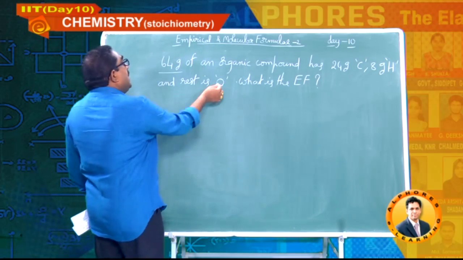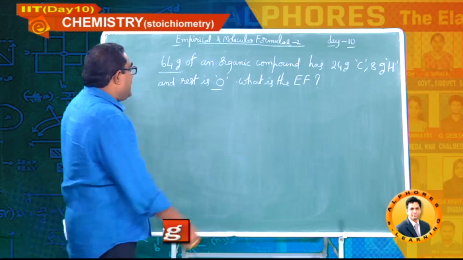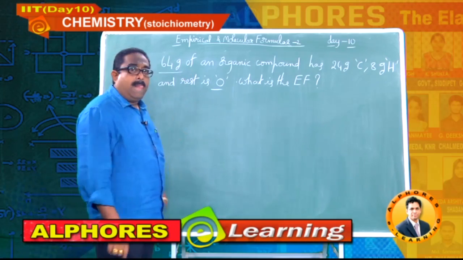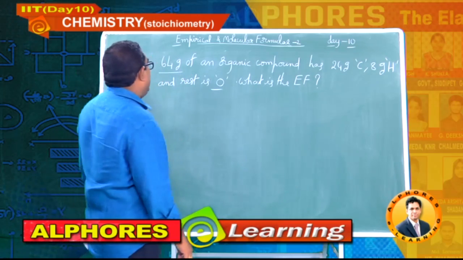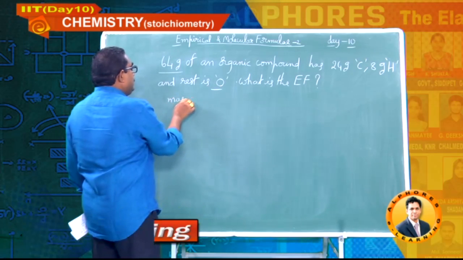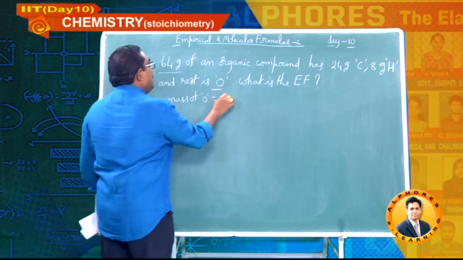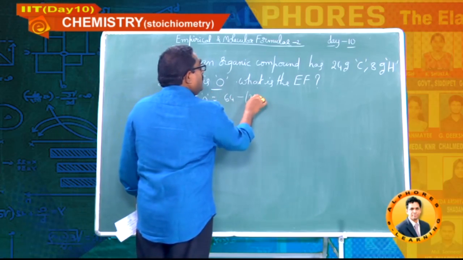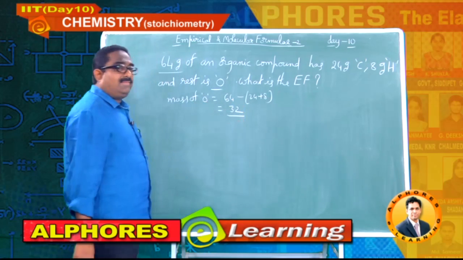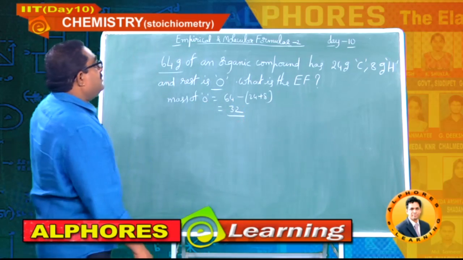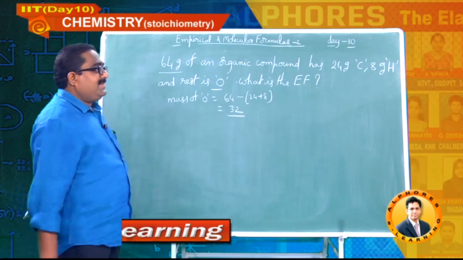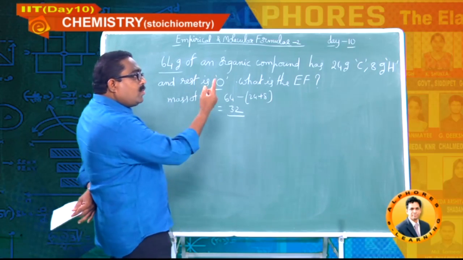Let me calculate the mass of oxygen present in this 64 grams, because he has given the masses of both carbon and hydrogen. The weight of oxygen is equal to 64 minus (24 plus 8), that is 32. Now, 24 grams carbon means 2 twelves.